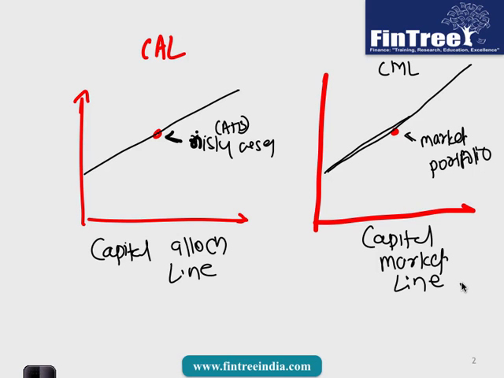So a hypothetical market portfolio is all the assets in our country. If we have 5,000 stocks listed, then we take all 5,000 stocks and the weights would be their market capitalization. An index will have only 50 or 100 securities. Market portfolio means everything. Okay.